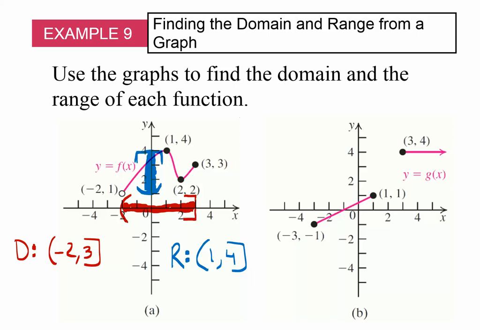Now let's take a look at something that maybe has a break in it. So B. Again, looking at the x-axis only, thinking about domain, where do I have a graph? I have a graph from -3 to +1. And then it looks like starting at 3 again, I have a graph forever this way. Question real quick, including -3?